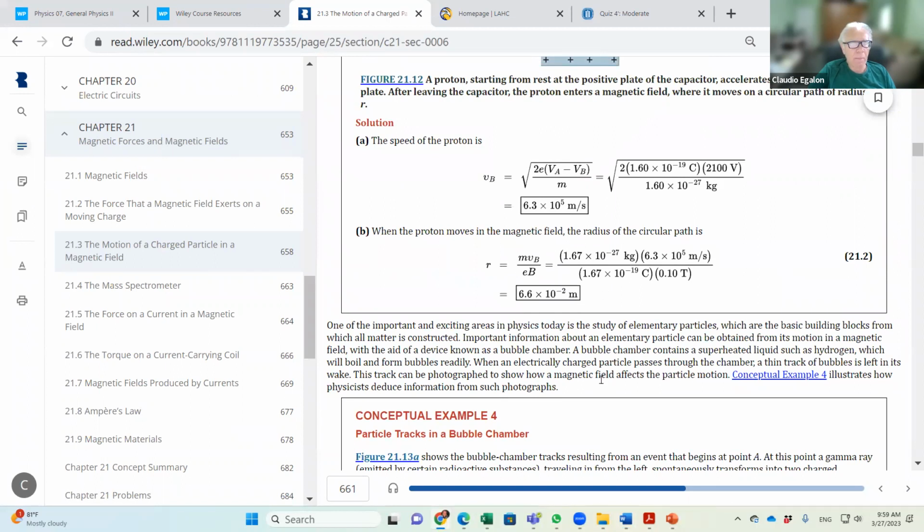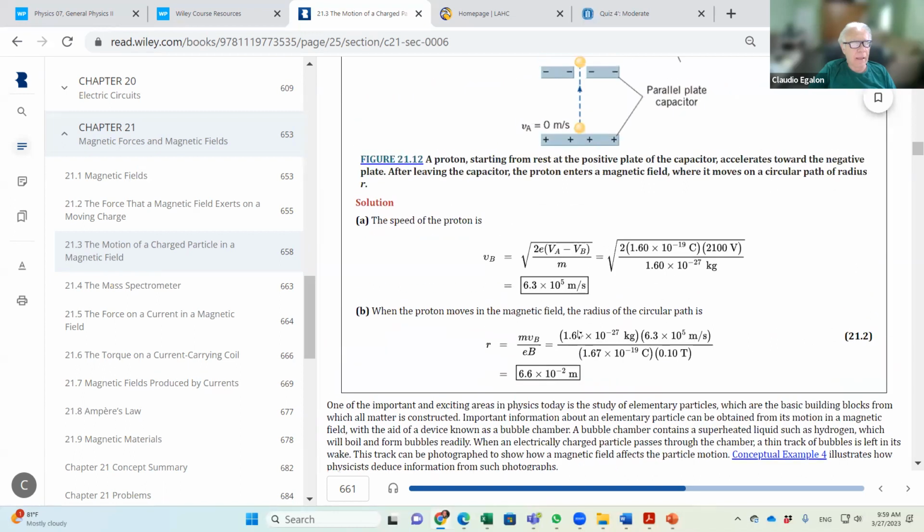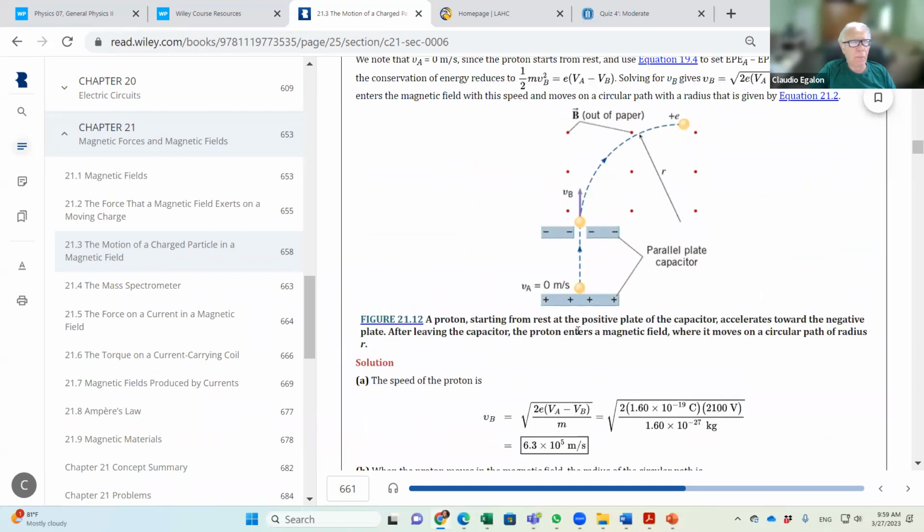The radius of curvature of this proton moving with this speed is on the order of 6 centimeters. It's not that small. It's very large. 6.6 centimeters is something that you can measure with a ruler, and that's because of the speed of the proton.